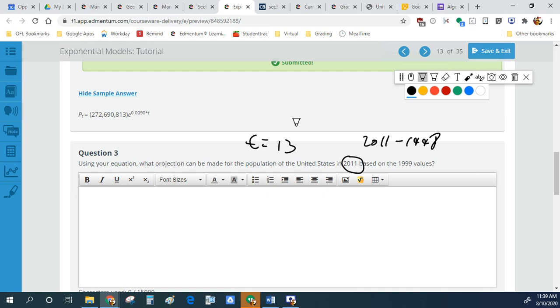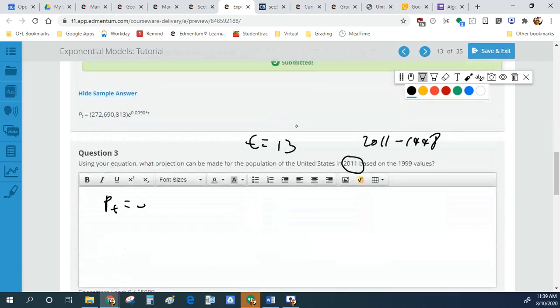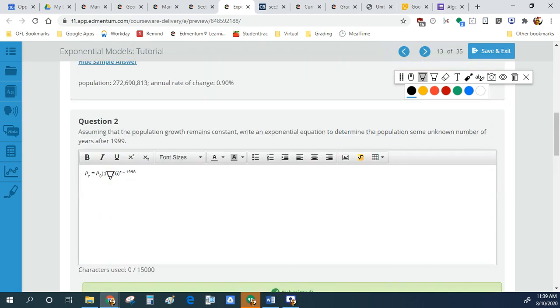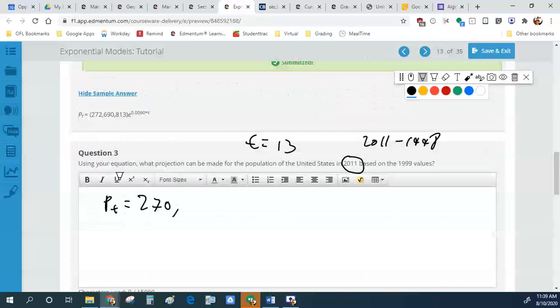And then when we input this, we're going to put it in as P of T, it's technically supposed to be 11 because our T is 11 years. We're going to do our exponential growth. Oh, sorry, our initial population. I forgot the initial population. What was our initial population? So here's our initial population.